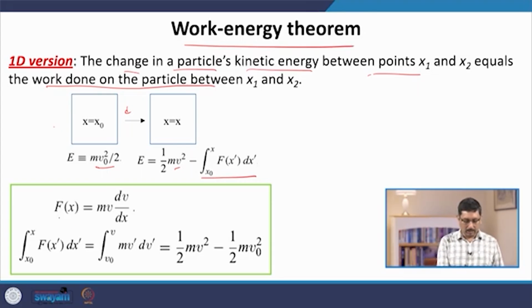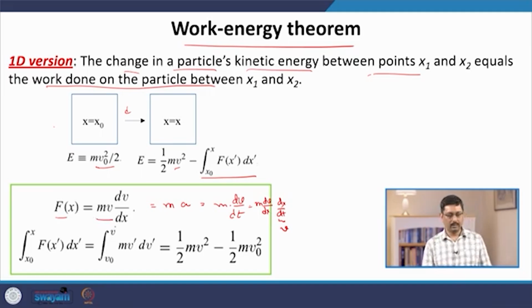Suppose F, we know that F is m times a, where a is the acceleration, and a is by definition the rate of change of the speed or velocity. In 1D they are basically the same, and this we can write as m times dv/dx times dx/dt. Now, dx/dt is v, and hence we can rewrite this equation as m v dv/dx.